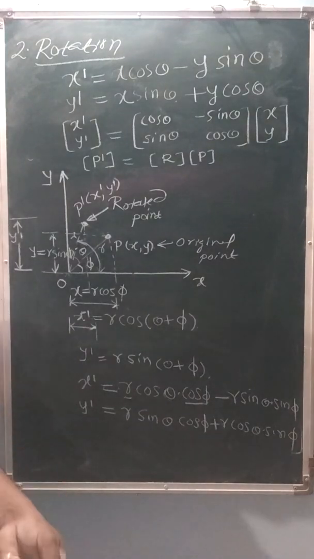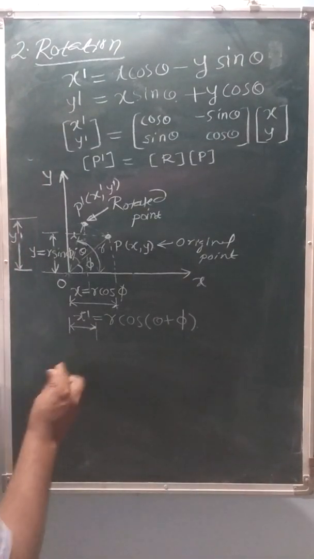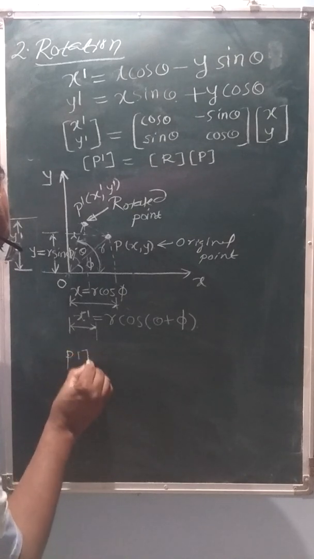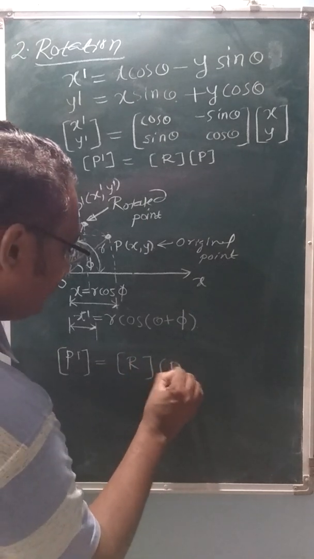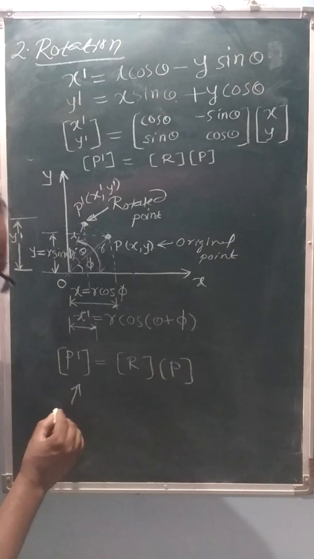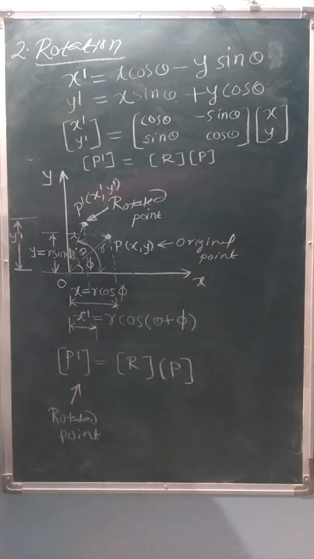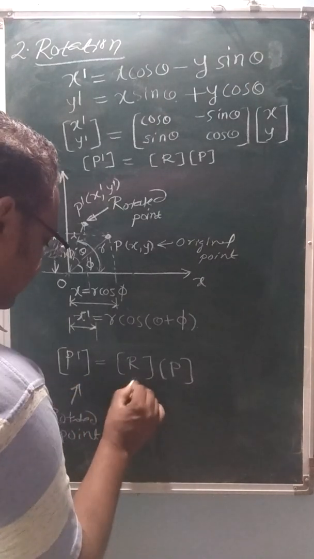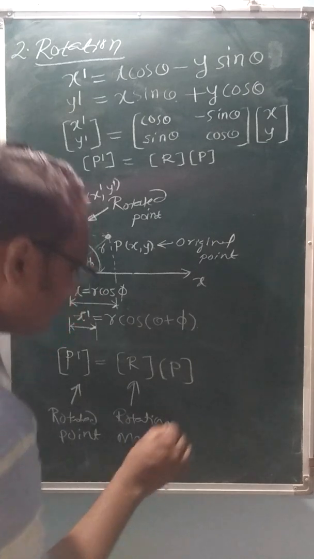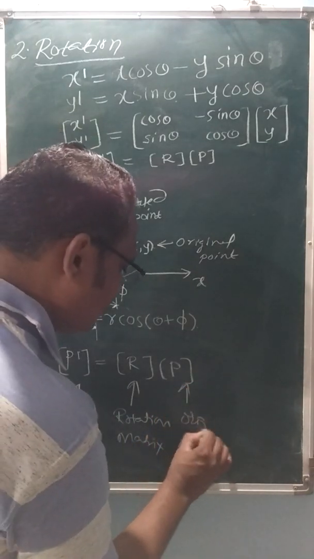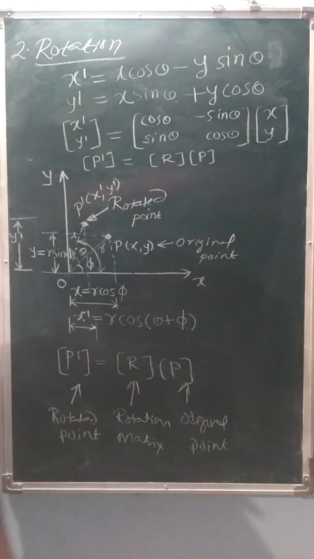So we can write P dash equals R times P: the coordinates of the rotated point equal the rotation matrix times the coordinates of the original point.